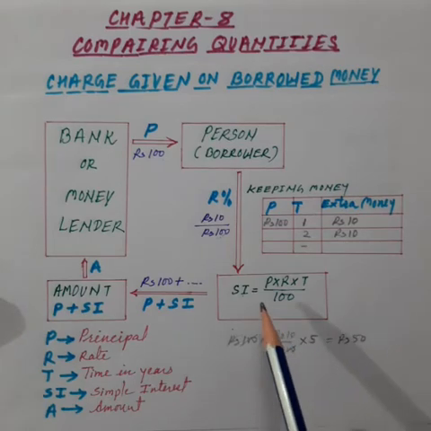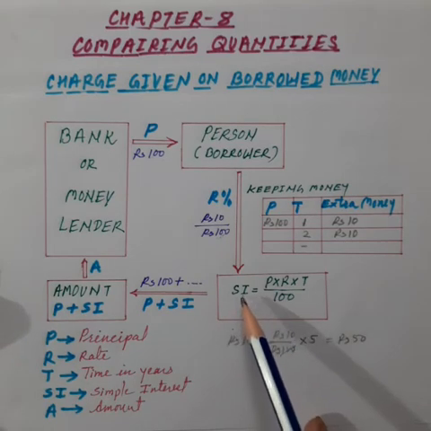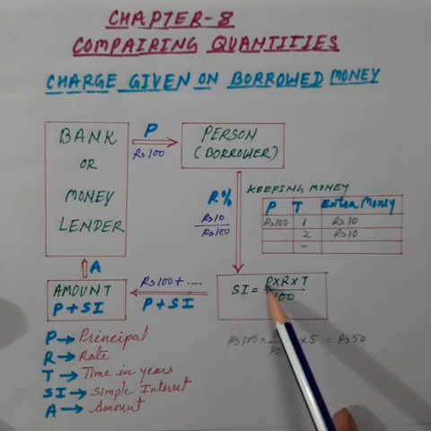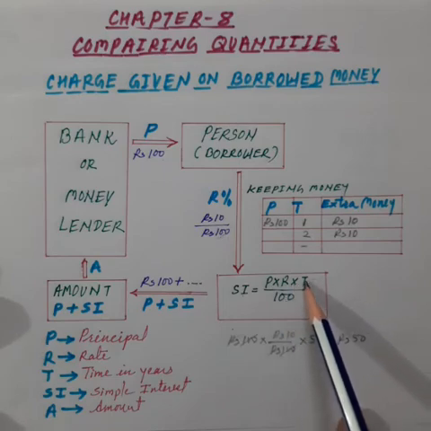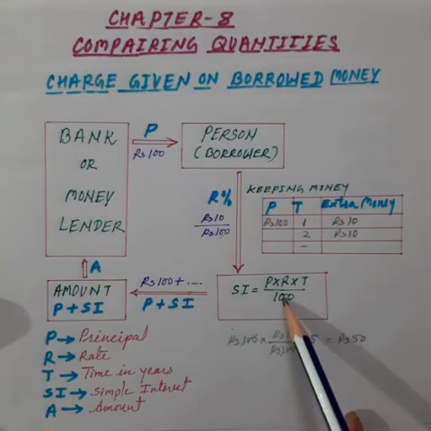Here we get the formula for finding out simple interest. Simple interest is equal to principal into rate percent into time period, time in years, divided by 100. Here this 100 in the denominator is for percent.